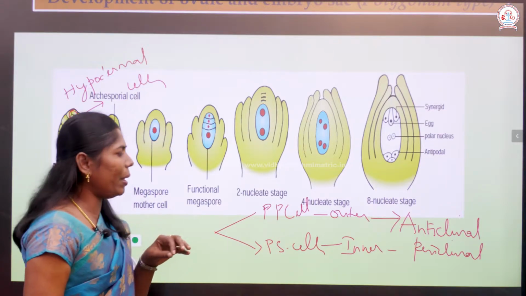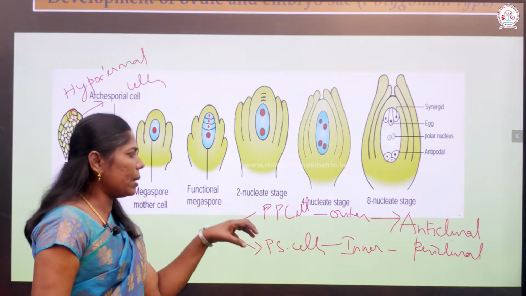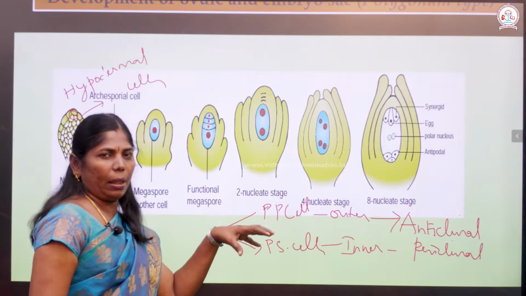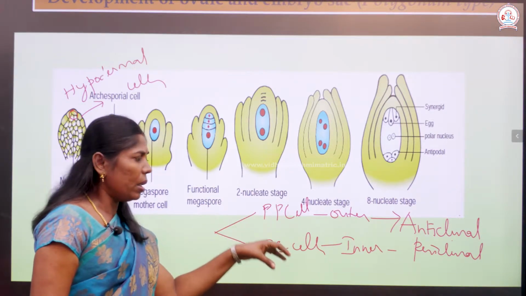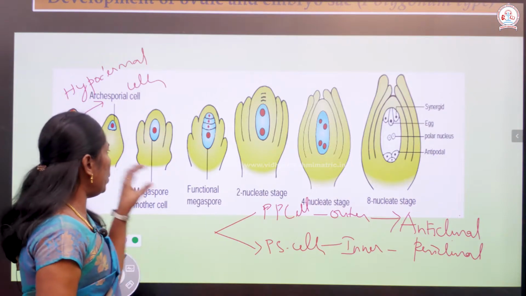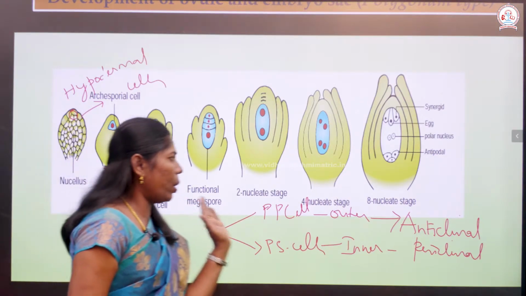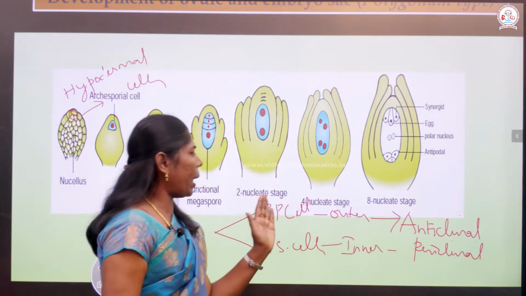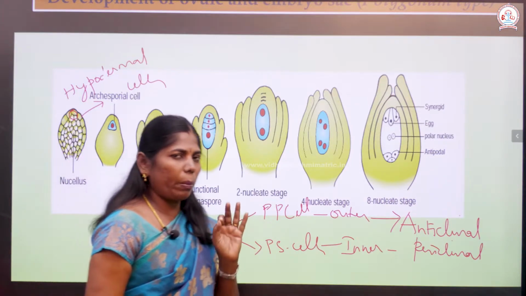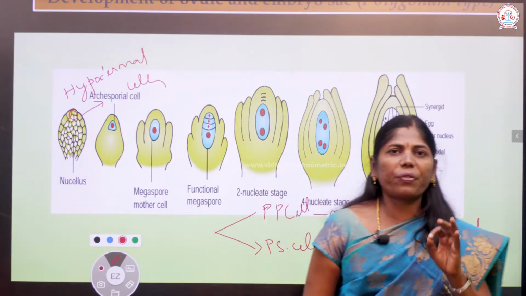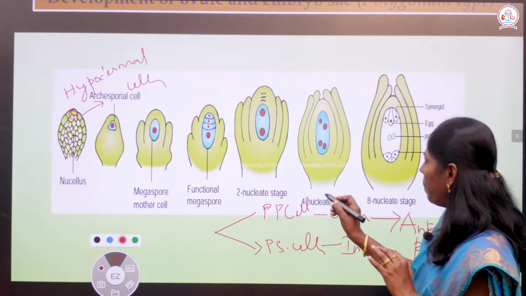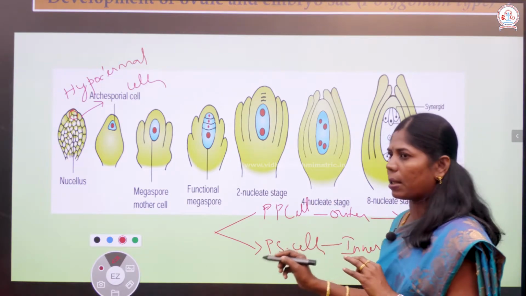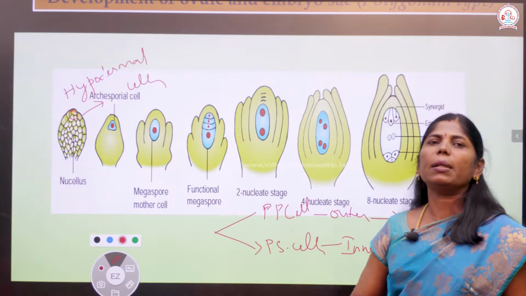What is the meaning of embed? It means to fix very firmly. The primary sporogenous cells are fixed very firmly in the nucellus, and that work is done by the primary parietal cells. With the help of the primary parietal cells, the sporogenous cells are fixed firmly in the nucellus.